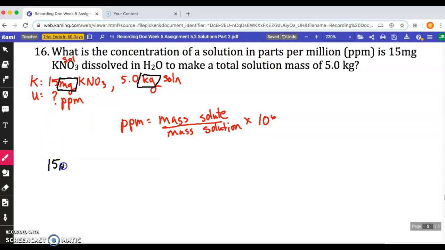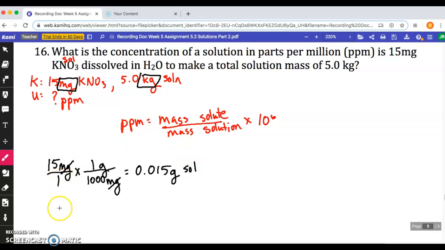So let's turn the 15 milligrams into grams. Convert that. There are 1,000 milligrams for every 1 gram. Now we can cancel that out, and it will be 0.015 grams of the solute, the KNO3.